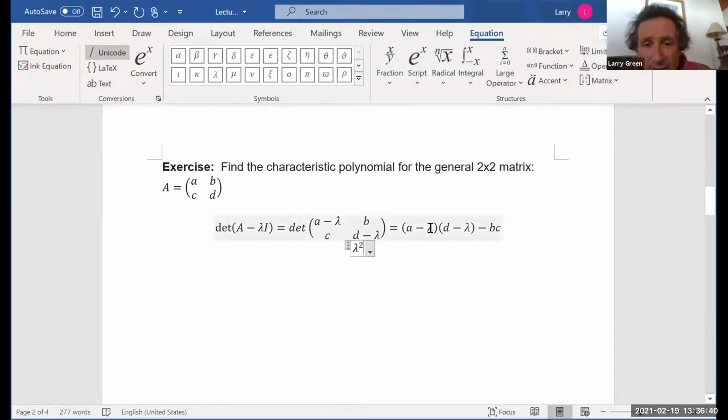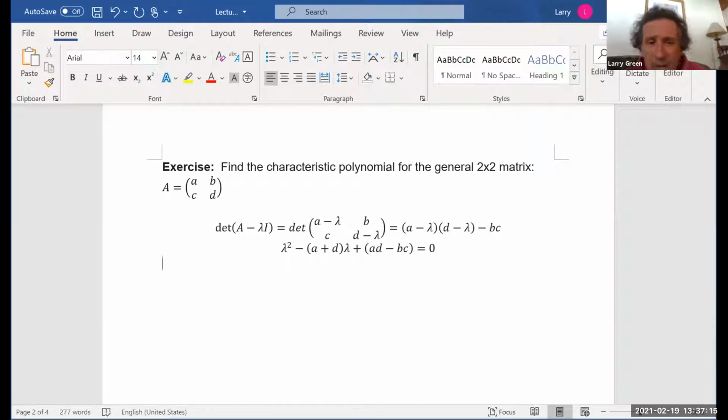And then notice we have a minus A lambda and a minus D lambda, so I'm going to write that as minus (A plus D) times lambda. And then we'll get a plus AD minus BC, which I'm going to put in parentheses. And that's the characteristic polynomial. I'll set that equal to 0 because that's what you usually do. Any questions on that?